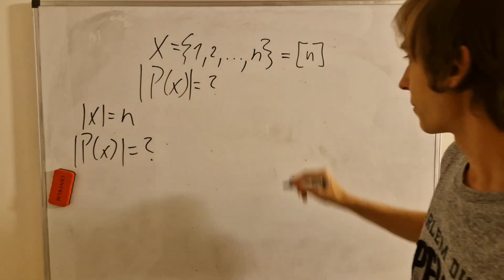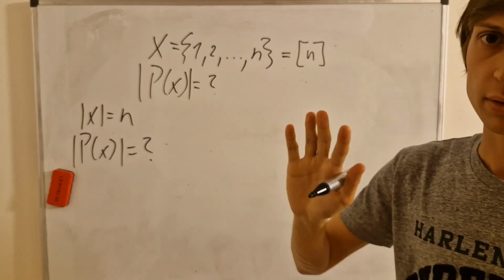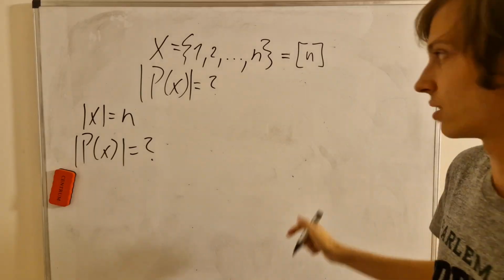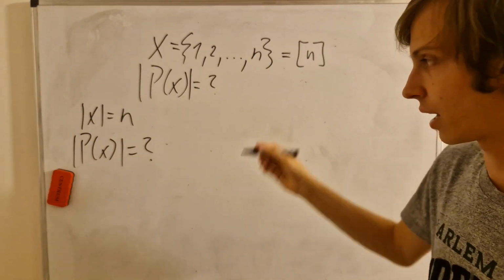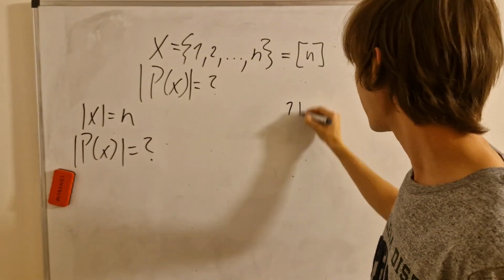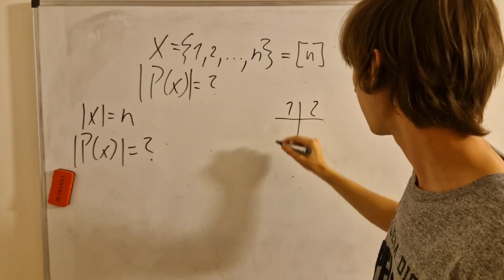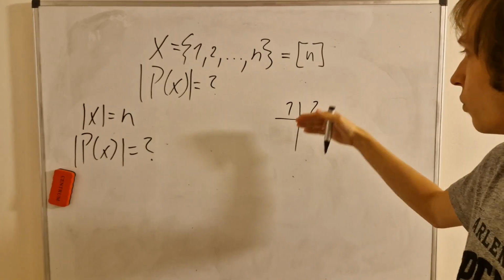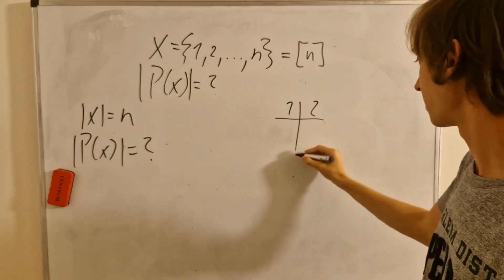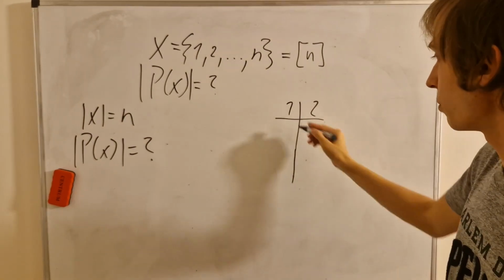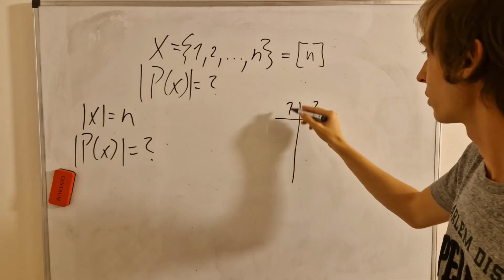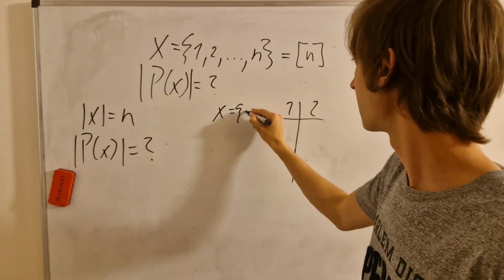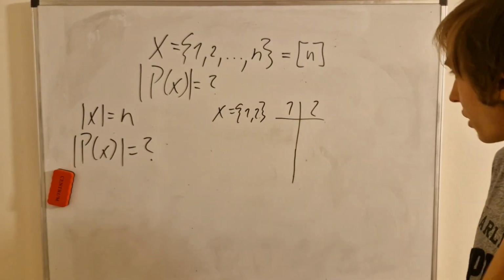So let's take, for example, the easy case of a 2-element set and all its subsets. I will make a table and list in each row one of the possible subsets. Let's say my X is still {1, 2}, only this 2-element option.